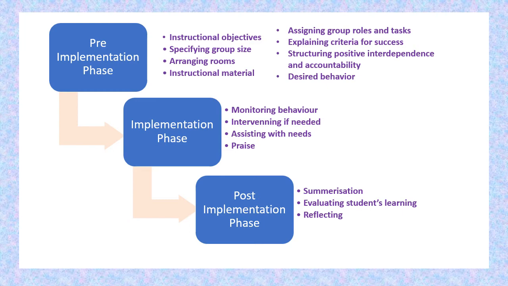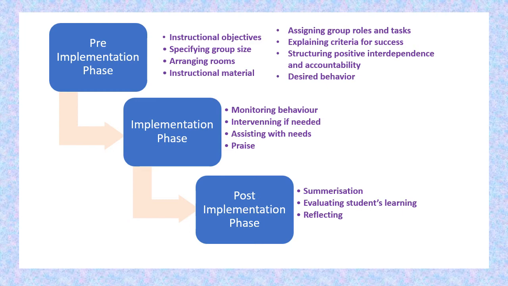In summarization, the instructor should ask each group to summarize their work, and the instructor can also add some important points of the lesson or unit. In evaluation, the instructor should evaluate students as well as the whole group through a rubric, which is made in pre-implementation phase.